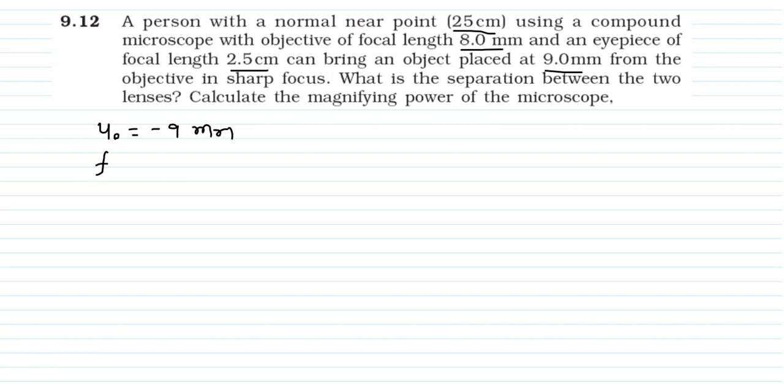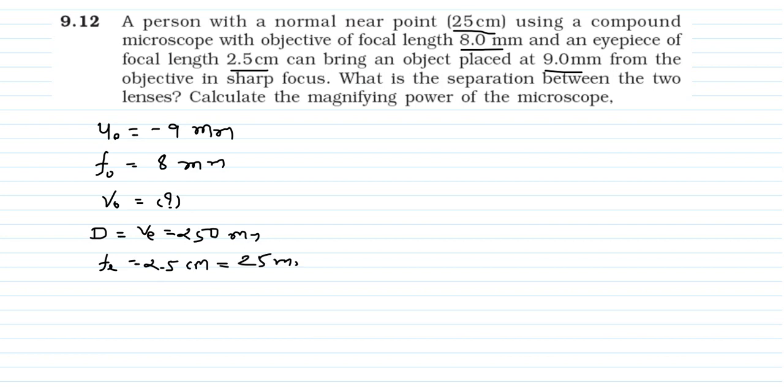The focal length for the objective lens is 8 mm. You have to find the image distance for the objective. The distance between the slit, that means the screen, and the eyepiece is 250 mm. FE is 2.5 centimeter, that is 25 mm. You have to find UE, L and the magnification. Just as we did in the last sum, the process will be the same. That means here we are going to use the lens formula. So first we will use it and solve for the objective lens.